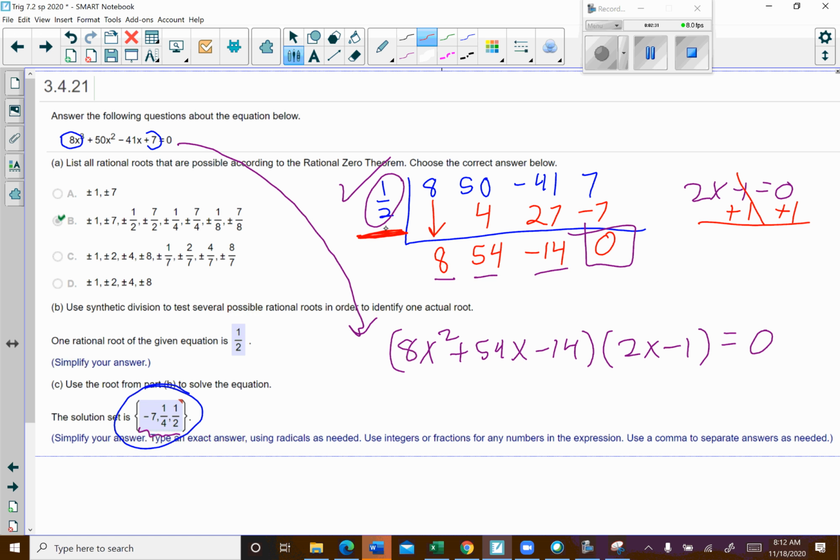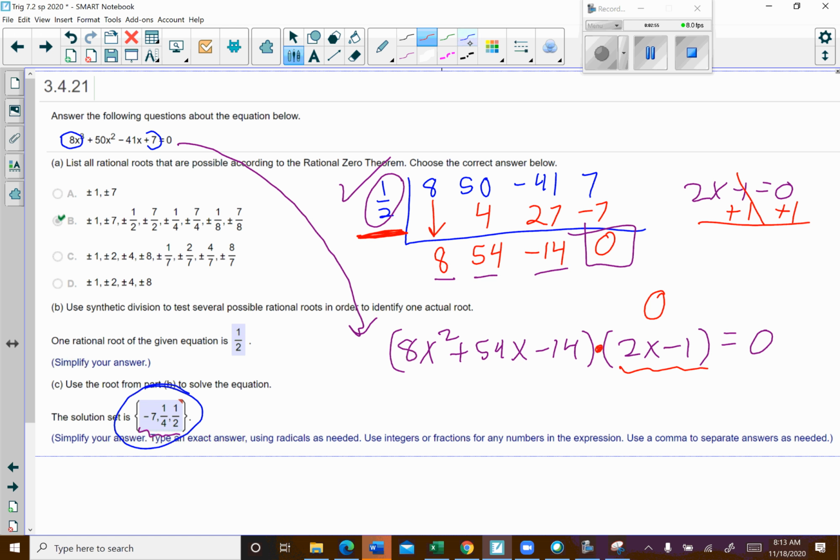And so see, if I plug in 1/2 to this equation right here, this goes to 0. This goes to some number, but it won't really matter because when you multiply anything by 0, the whole thing's going to collapse down to 0. Okay, so you found the first solution.